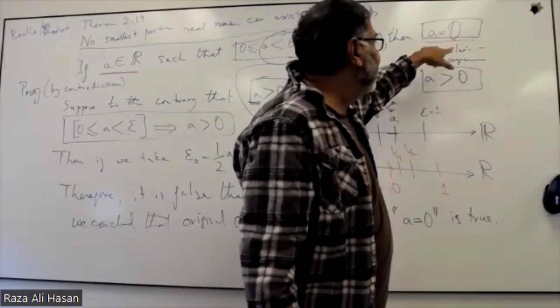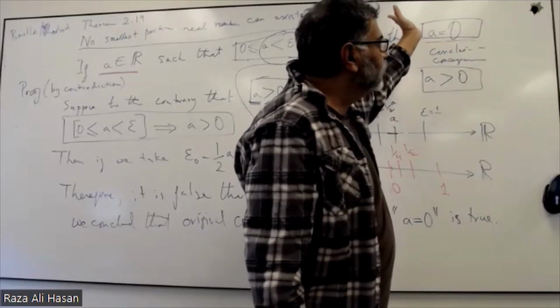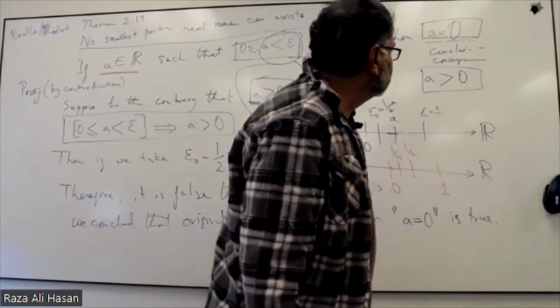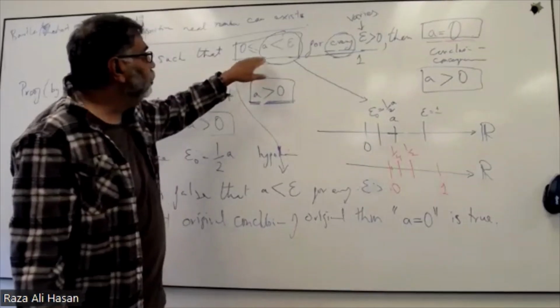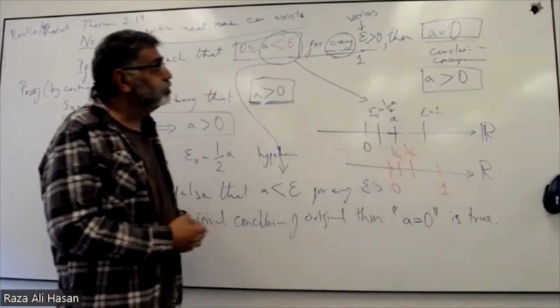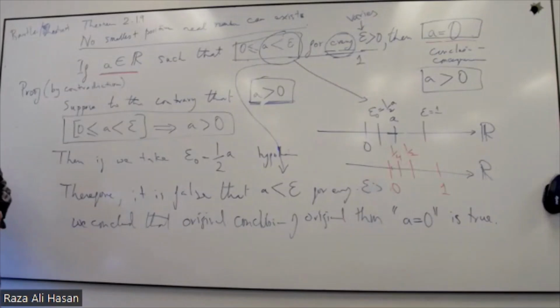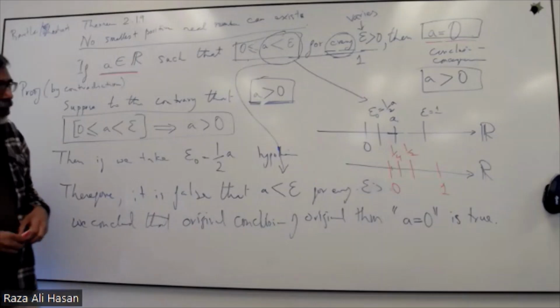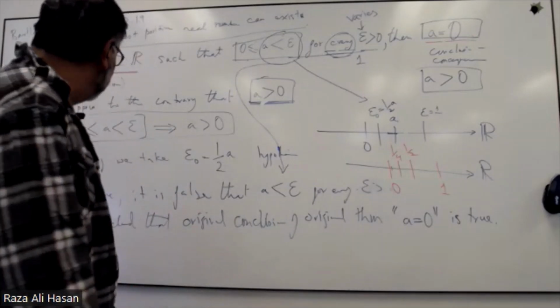The smallest positive number does not exist. Therefore, if you have this condition, A equals 0, it's the smallest non-negative real number, to say that. Okay, all right, so this is the theorem.